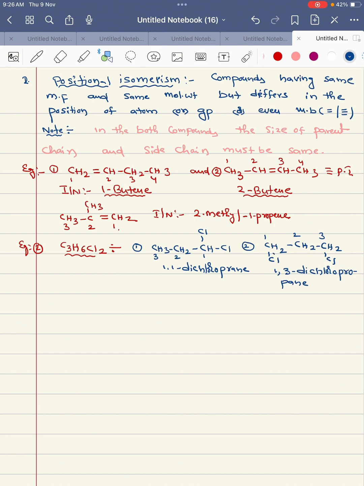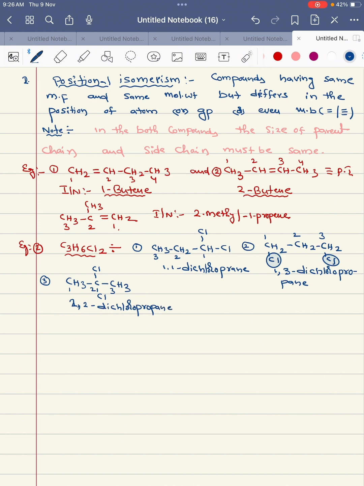Chlorine is one of the atoms. So such isomers are called positional isomers. And one more, the third compound: we put two chlorine atoms on the same carbon atom, the middle CH3, C, CH3. Numbering is assigned 1, 2, 3. It is 2,2-dichloropropane.